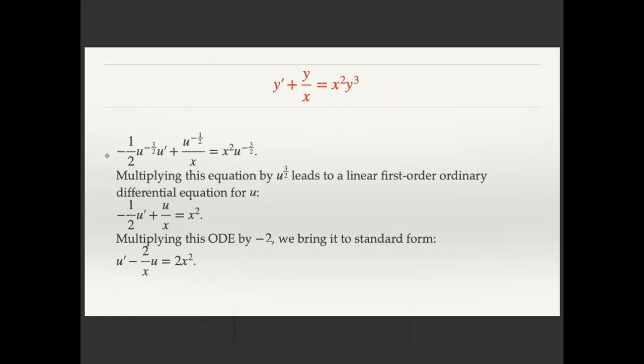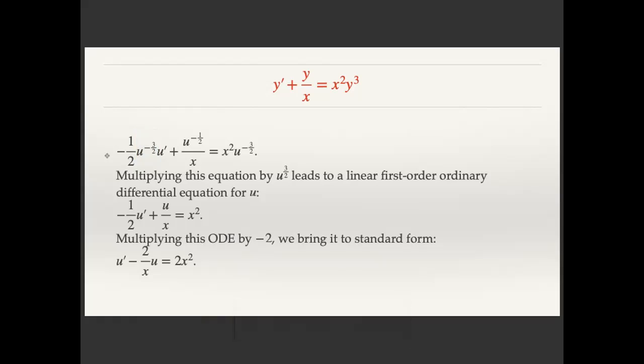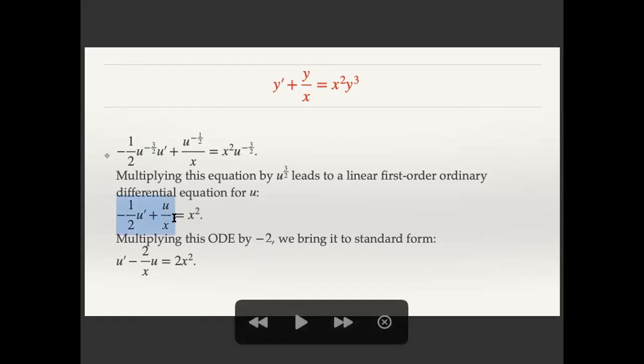We'll multiply this equation. By the way, this does not look like a linear equation, and it's actually not a linear equation because it contains so many other powers of u which are not 1, but it can be easily turned into a linear equation by multiplying both sides by u to the power 3/2. And we get this linear equation, minus 1/2 u prime plus u over x is equal to x squared.